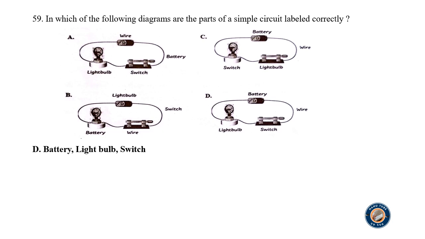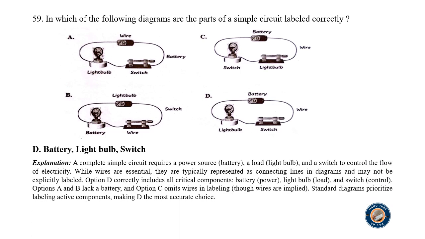The answer will be D, where battery, light bulb and switch are there. A complete simple circuit requires a power source or battery, a load or light bulb, and a switch to control the flow of electricity. While wires are essential, they are typically represented as connecting lines in diagrams and not explicitly labeled.